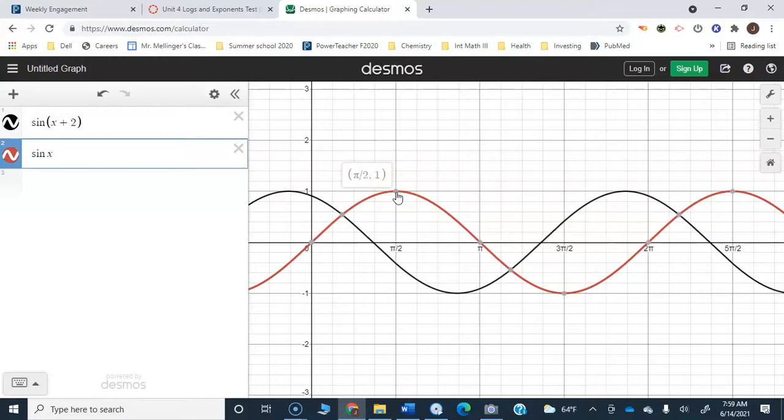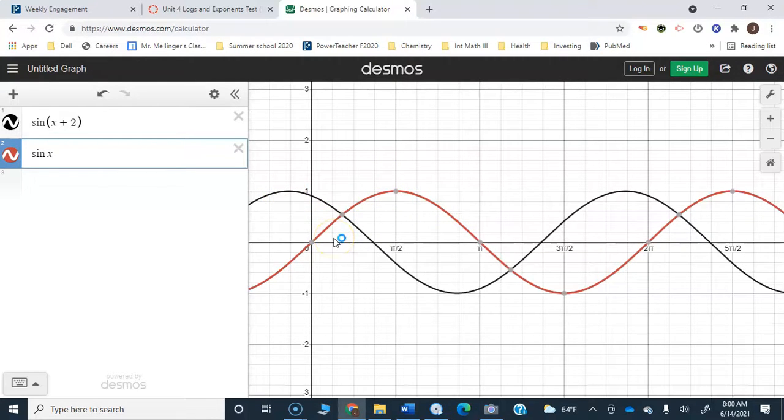It's going to shift it back. Since our x-axis is in radians, kind of weird numbers, pi over 2 and pi, it's hard to say that that's really 2, but just trust me, going from here back to the top of the black wave is 2. So remember, the plus 2 shifts in the opposite direction laterally, sideways, or horizontally. It goes from here, and then plus 2 goes back to there. So just trust me when I say that is plus 2.